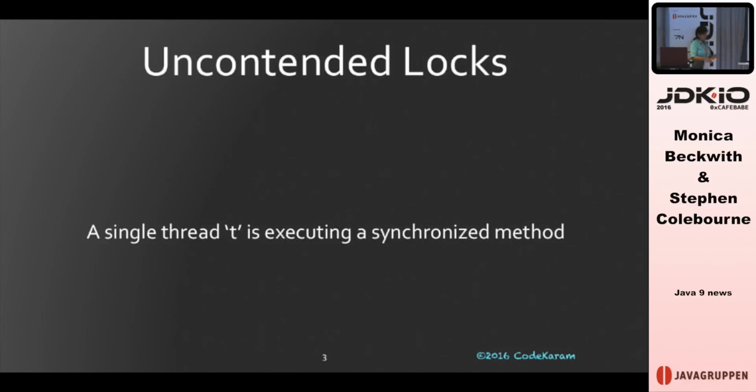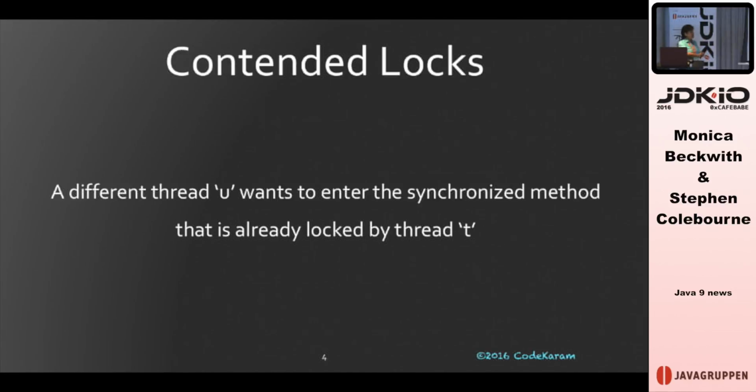So let's understand the difference between uncontended and contended locks. It's the same synchronized method, but in the uncontended case, a single thread is executing that synchronized method. There's no contention, so that's why it's called uncontended. We have had so many optimizations in HotSpot and other JVMs for this uncontended locking, and this new JEP brings improvements to contended locks.